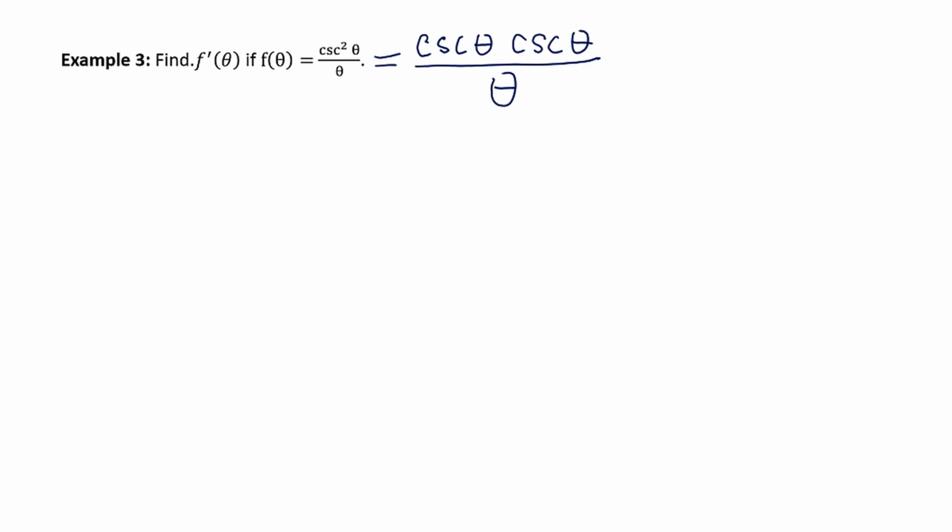We still have a quotient here. So to find the derivative of a quotient where y is equal to a high function divided by a low function, the derivative y prime is equal to the low squared, and the numerator is low, d high for the derivative of the high, minus high, d low for the derivative of the low.